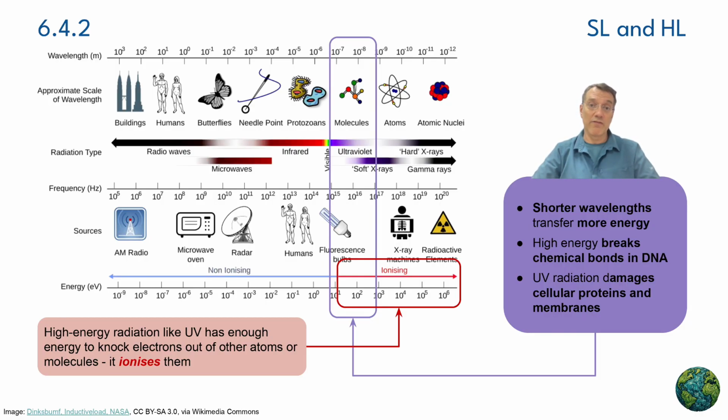UVA has the longest wavelengths among UV types, so it's less dangerous, but it still causes damage over time. The key point here is that high energy radiation like UV can knock electrons out of atoms or molecules. We say that it ionizes them. When this happens to molecules in living cells, it can break apart DNA, it can damage proteins, and it can destroy cell membranes. That's why UV radiation is so dangerous to life.